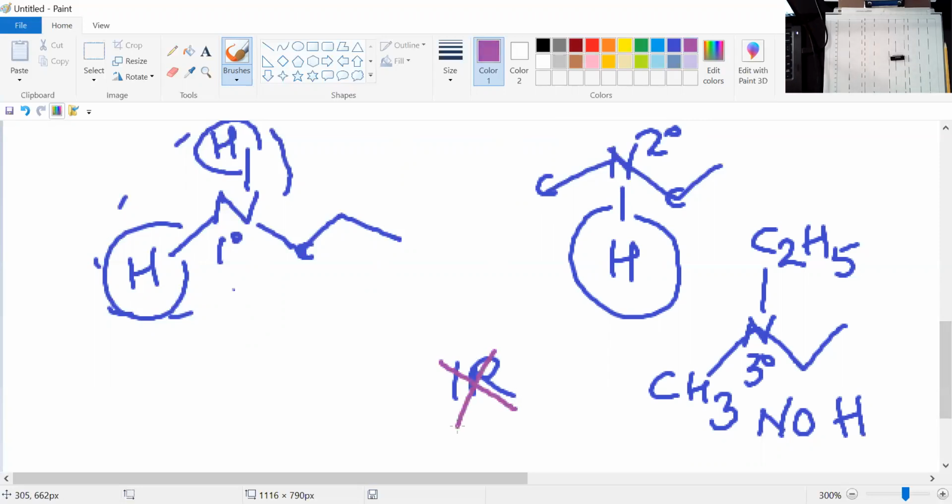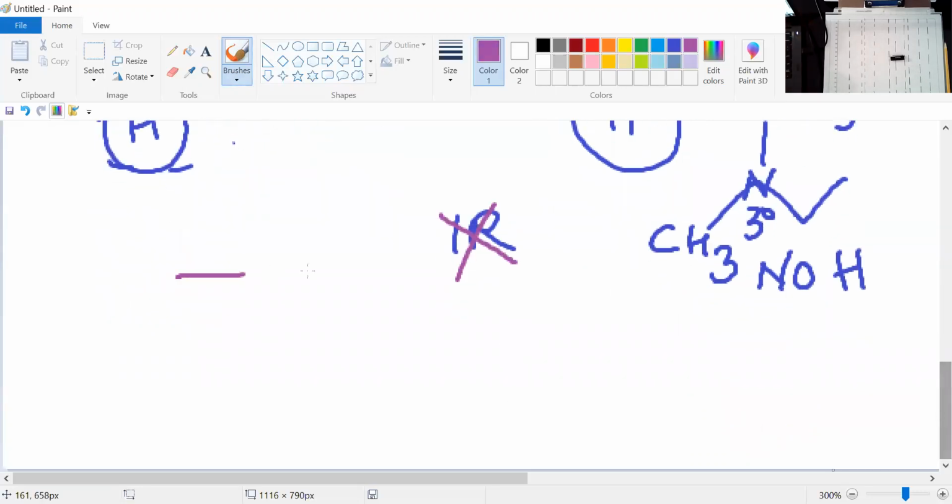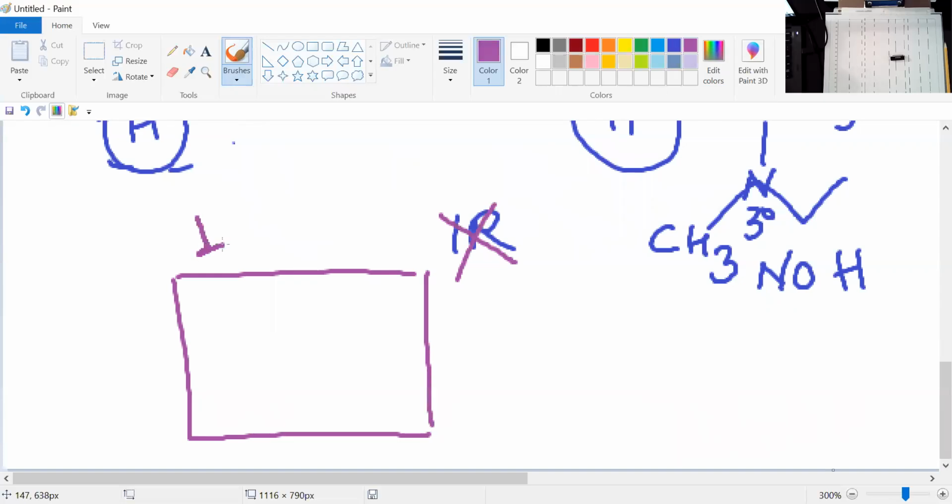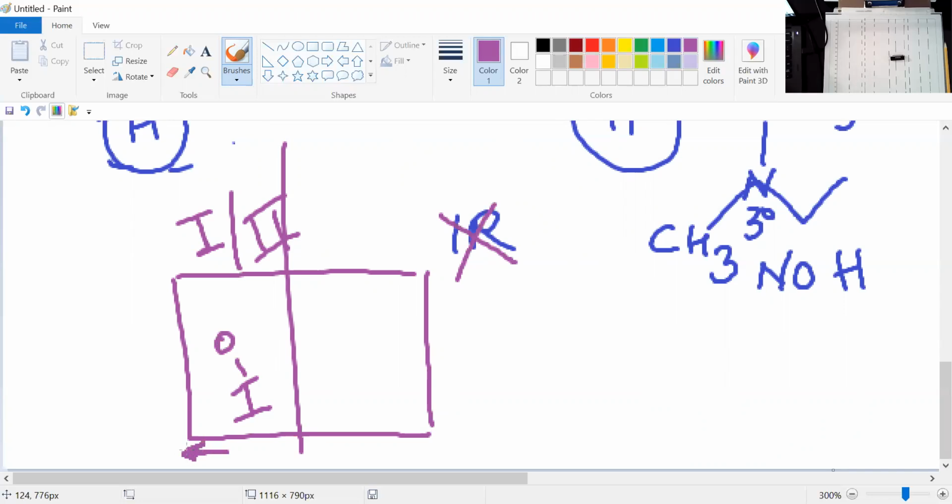Why? If you remember, on your IR, we will only have, on the first and the second region, compounds with hydrogen on them. If they are electronegative, they will be a little further left.